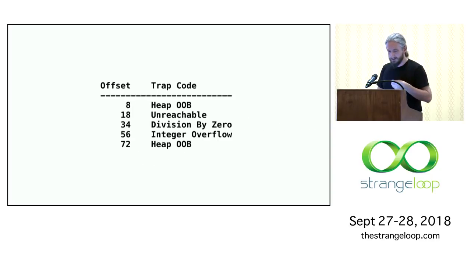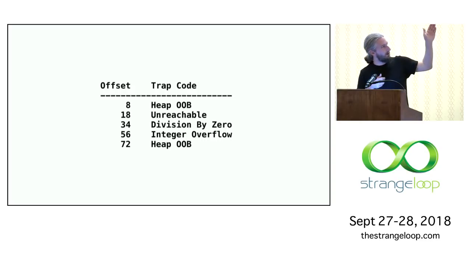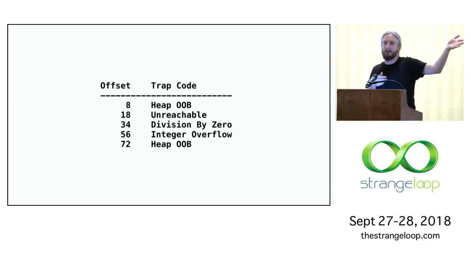Inside the generated library, for each different function, we have a trap table. What it says is: at this exact offset, if it blows up, here's exactly what it was. In this case, let's say it was 8 bytes into a particular function where you're making a memory reference.